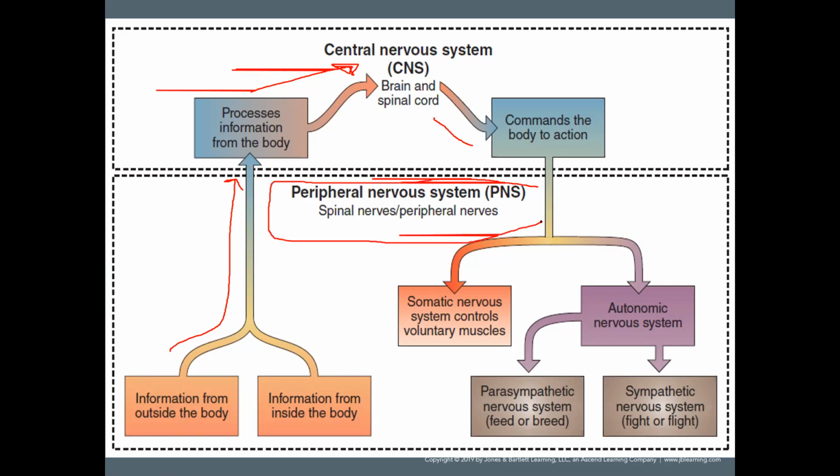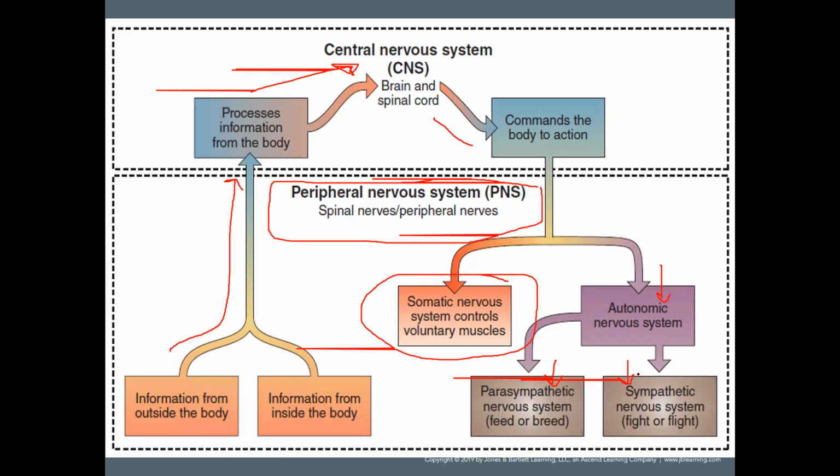The nervous system is further divided into the peripheral nervous system, which is divided into the somatic and the autonomic. So somatic, voluntary control of muscles, and the autonomic nervous system, which can further be divided into the parasympathetic nervous system and the sympathetic nervous system.